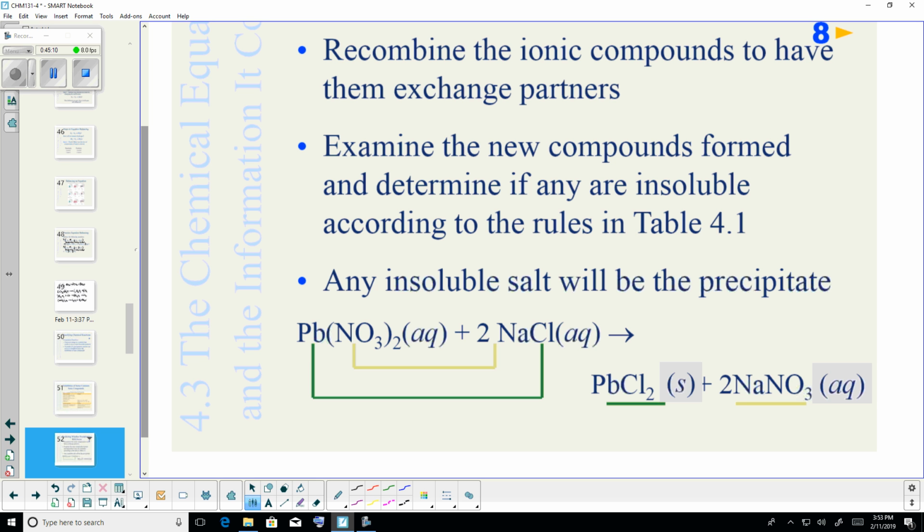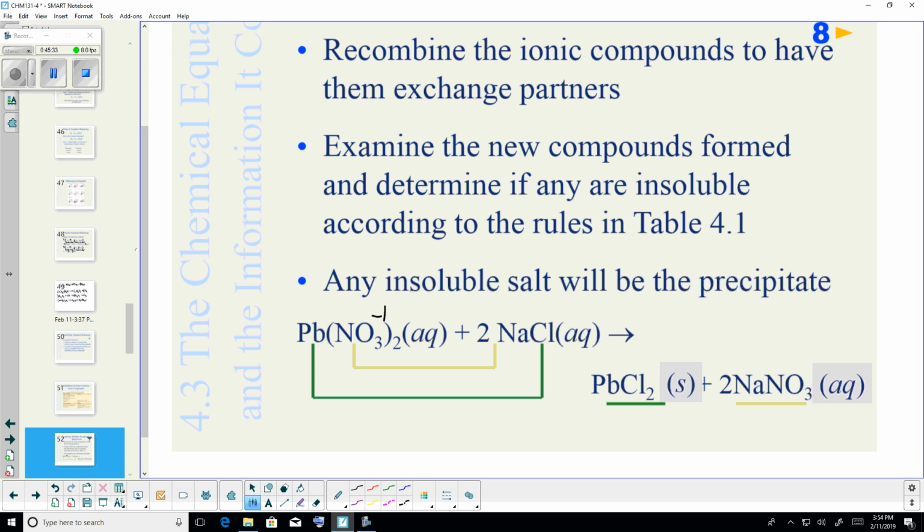You got to know it goes to PbCl2. How do you know? What is the charge on lead here? Nitrate, from the table of polyatomic ions, is -1. We have 2 of them, so it's -2.